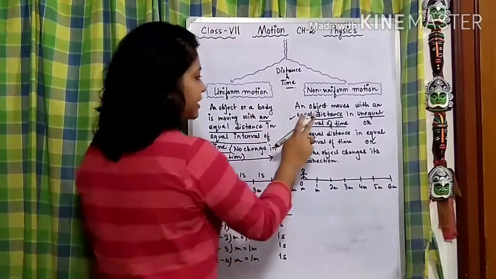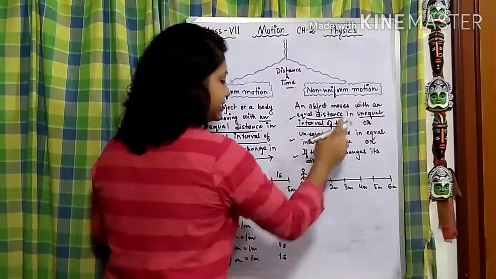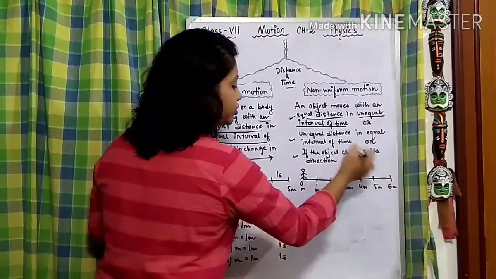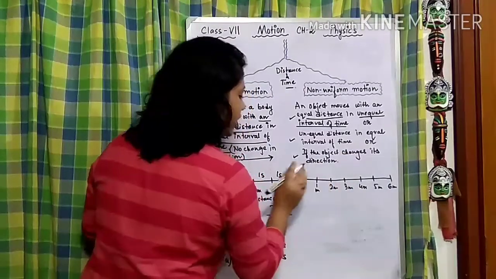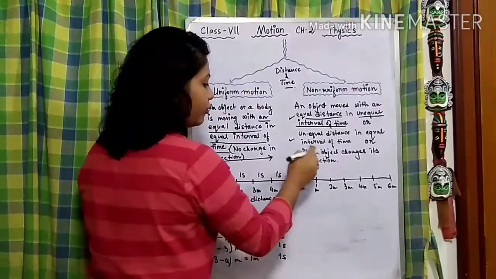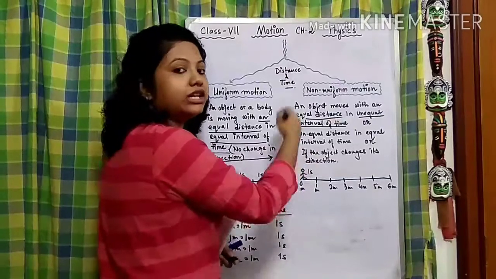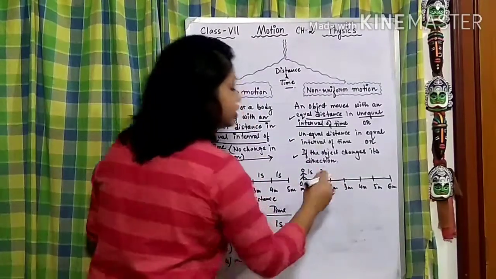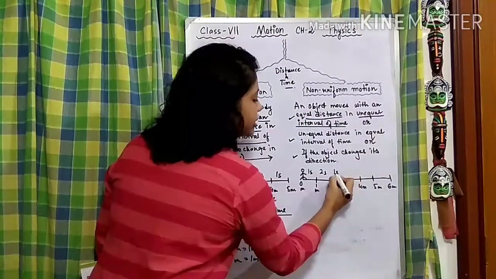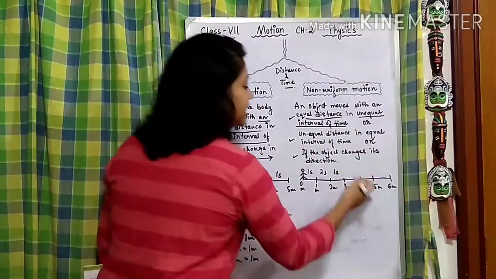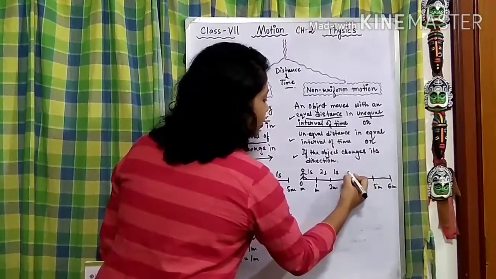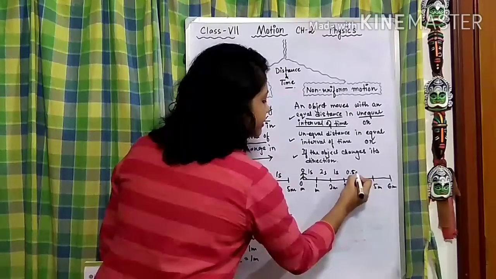This person will travel equal distance, from 0 to 1, 1 to 2, 2 to 3. For reaching 1 meter, he took say 1 second. Once he reached 1 meter, he took 2 seconds for reaching 2 meter. From 2 meter to 3 meter, he again took 1 second. Similarly, from 3 meter to 4 meter, he took 0.5 second.